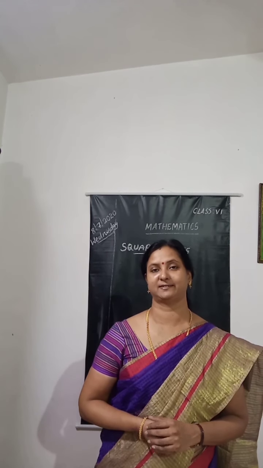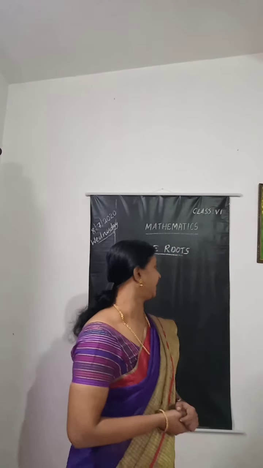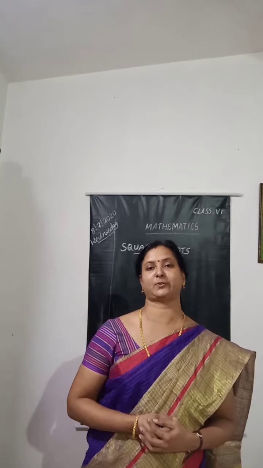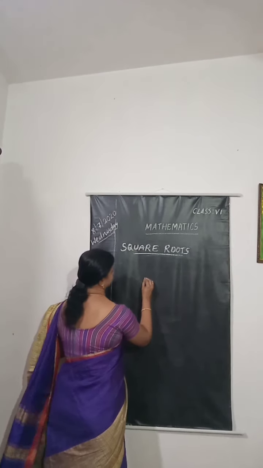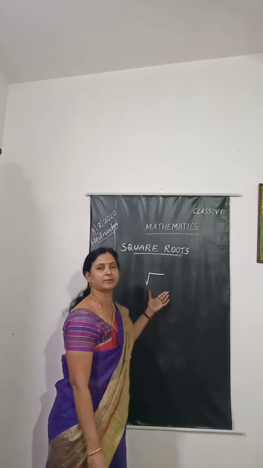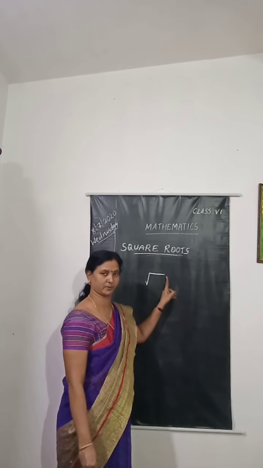All of you understood how to find square root using repeated subtraction method? Now, let us see how to represent square root using a symbol. What is the symbol for square root? Positive square root of a number is denoted by this symbol.